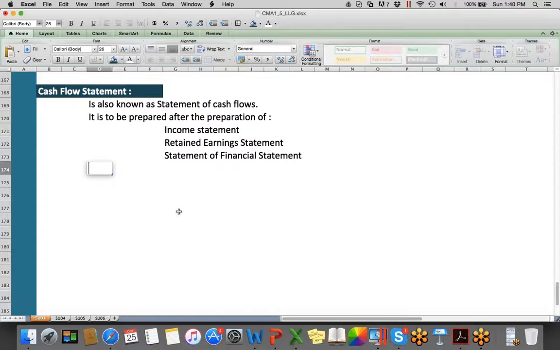Why do we prepare cash flow statement? Because cash flow statement tells us where did cash come from and where did cash go, whereas our income statement doesn't tell us, because the income statement is prepared based on accrual system. Accrual system means the incomes, whether you receive or not, for a particular year are recorded as incomes.